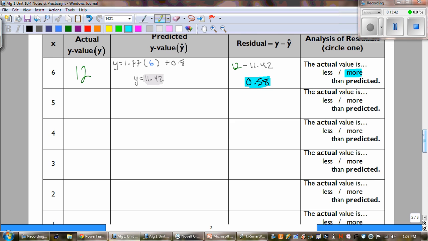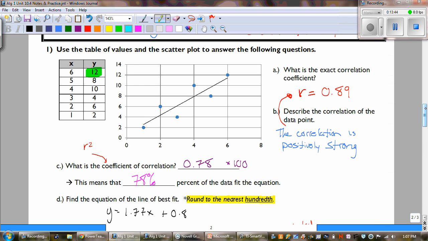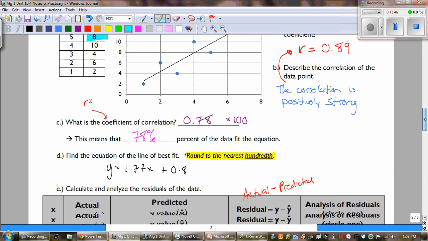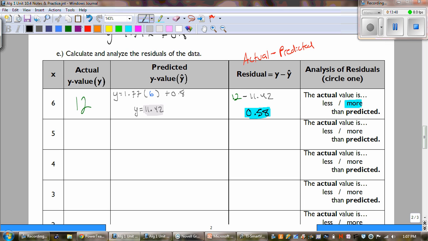Let's do 5. And the partner for 5 is 8. So we're going to plug in 5, and we're going to do the same thing. Y equals 1.77. We're plugging in the number 5.